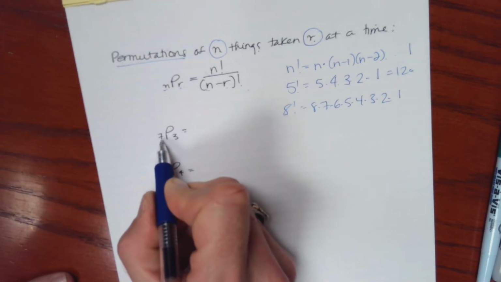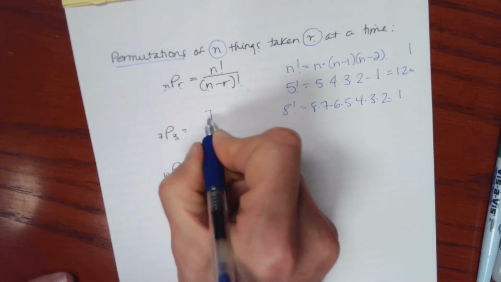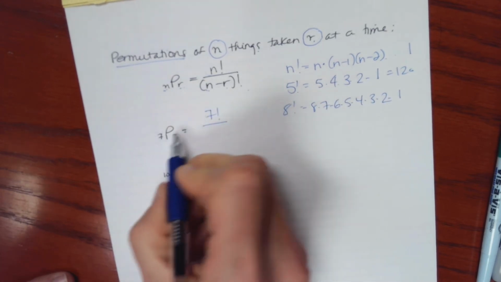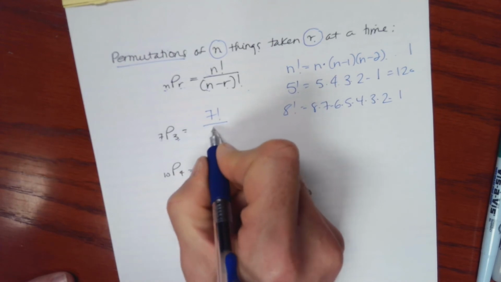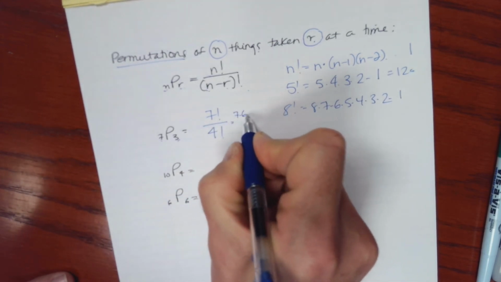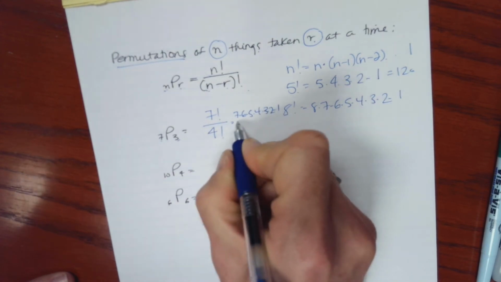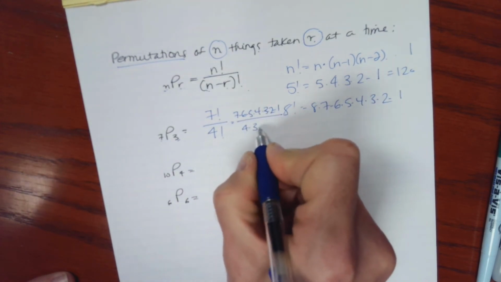So when I have 7P3, that's 7 factorial over 7 minus 3, which is 4 factorial. So this would be 7 times 6 times 5 times 4 times 3 times 2 times 1 over 4 times 3 times 2 times 1.